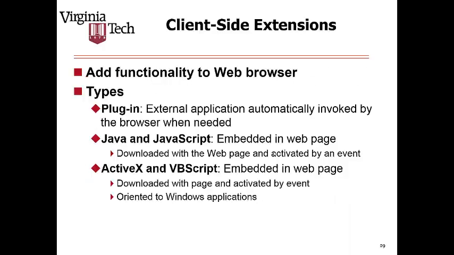The client-side extensions are programs that are written to do things right there within the browser while the user is using the system. If you think about it, after the user was done, we would send our request back to the web server, which would then have it processed by the application.